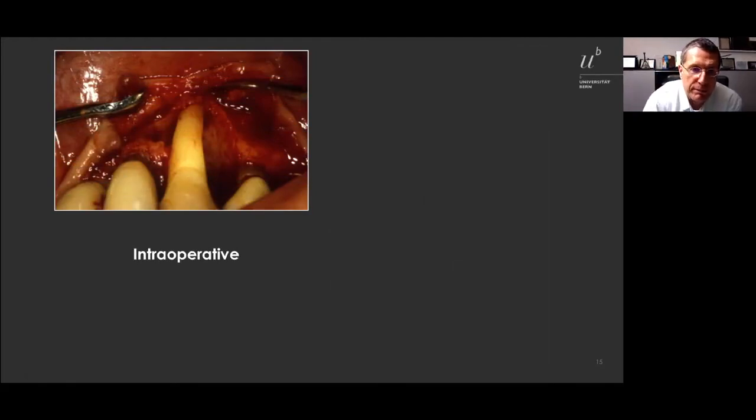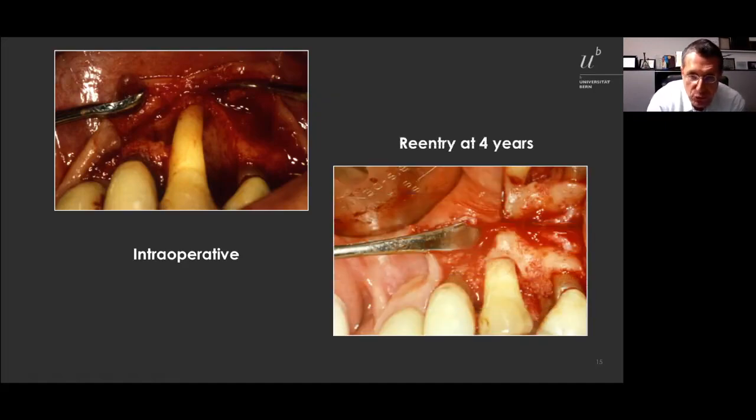Look at the clinical situation during surgery. I opened the flap. Luckily, it was a molar, which means that I have to deal with a long root, and for this reason, the tooth was stable. I performed the regenerative approach using an enamel matrix derivative, and at the re-entry, after 4 years, because this was in the frame of a study, I opened up the flap again, and what you can see here is nothing else but an almost 100% regenerated intrabony component.